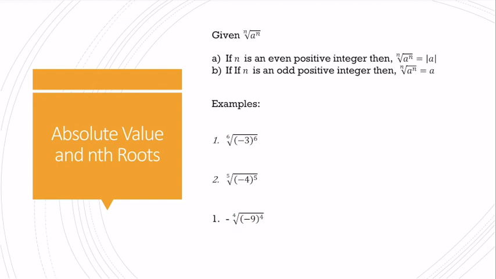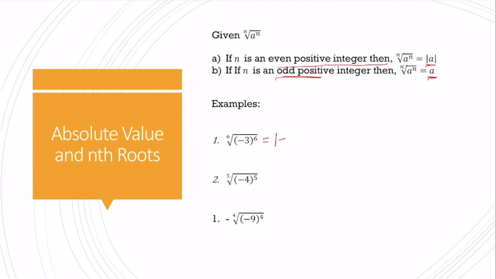Now, if n is an even positive integer, then the nth root of a to the n is going to be the absolute value of a. If n is odd, right, because then it is unique and only has one root, we're just going to have our value a. So here I have the sixth root of negative 3 to the 6.